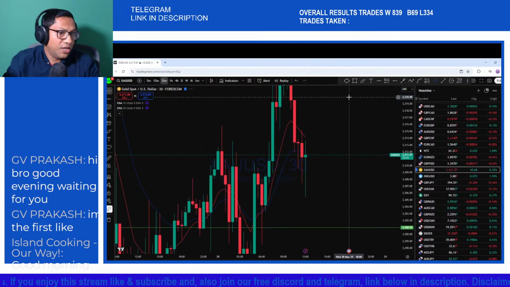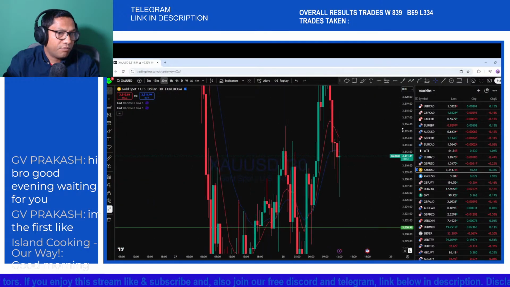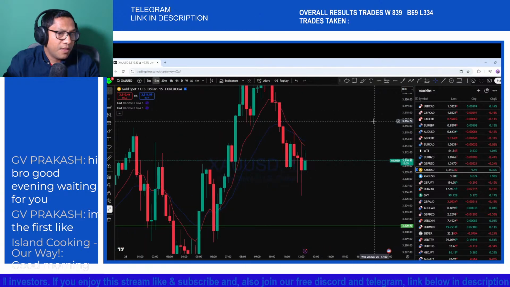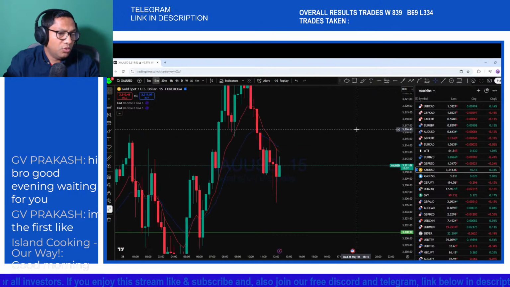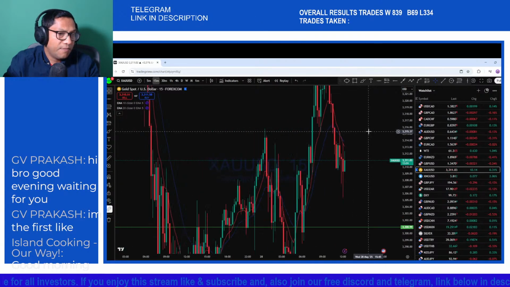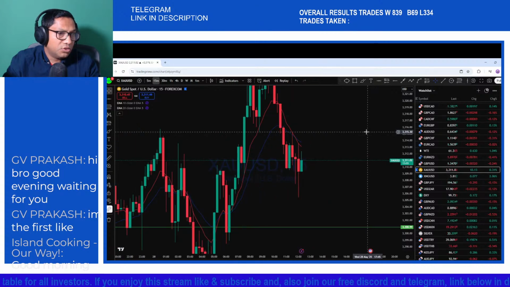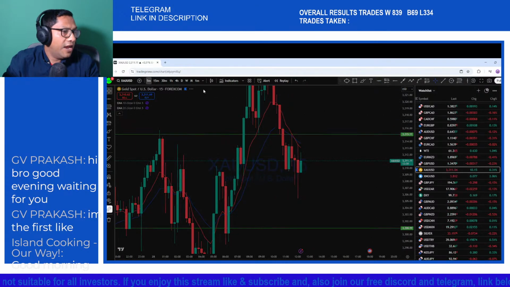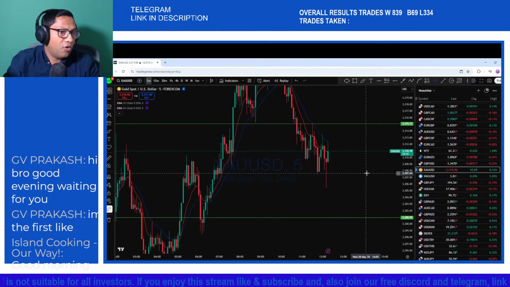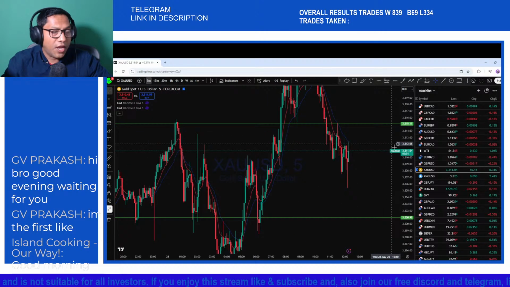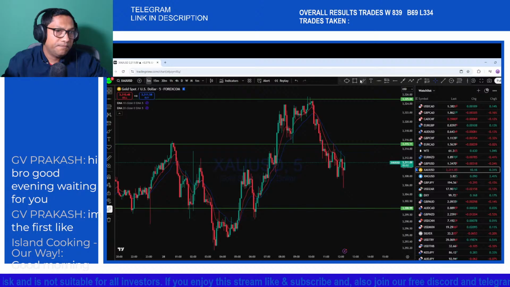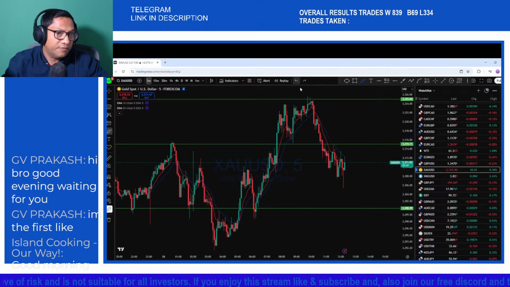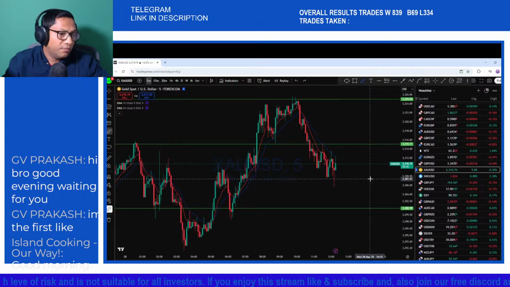Looking here, there is a local resistance, and if we look for any entry, I would like to see the market having a potential downtrend in that direction to this support level.